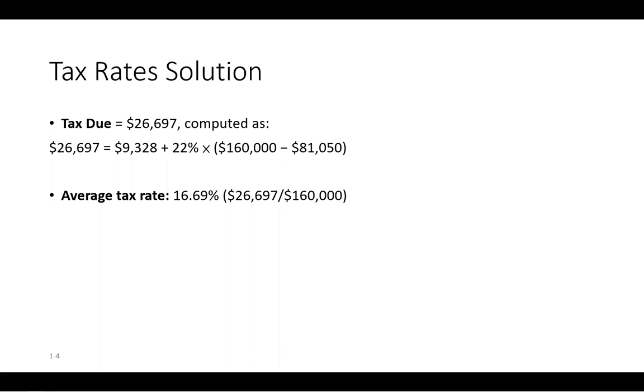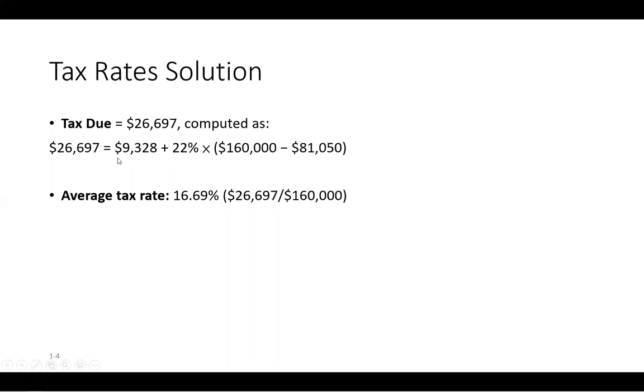So really, overall, they are taxed 16.69% on every dollar of taxable income. So that's their average tax rate. So for every dollar of taxable income, they're paying 16.69 cents of federal income tax, not 22 cents.